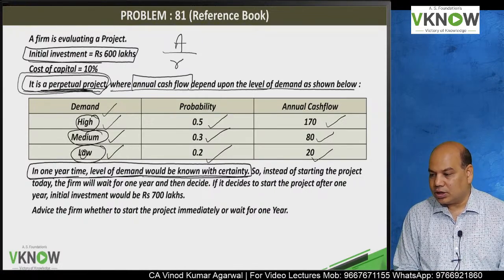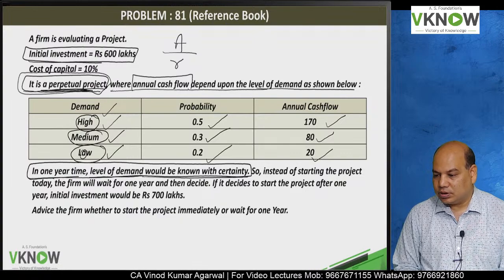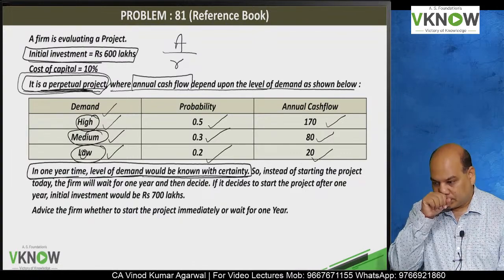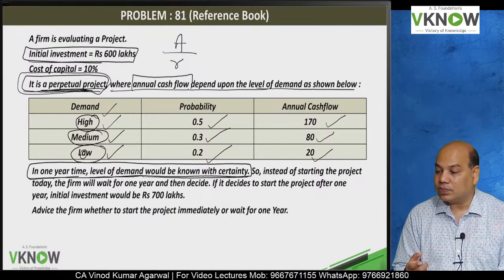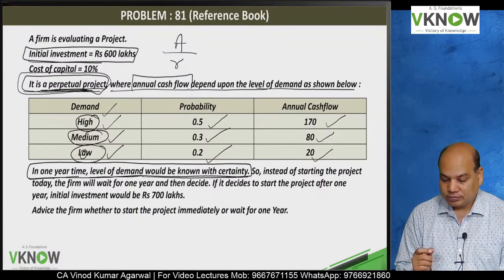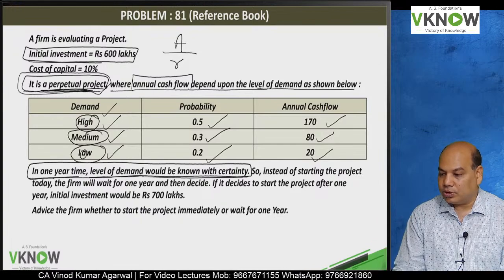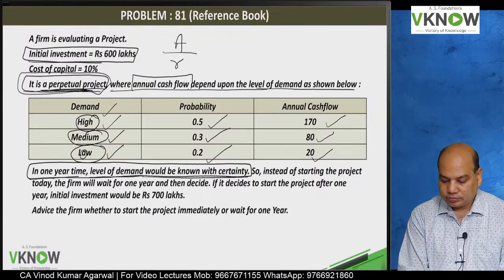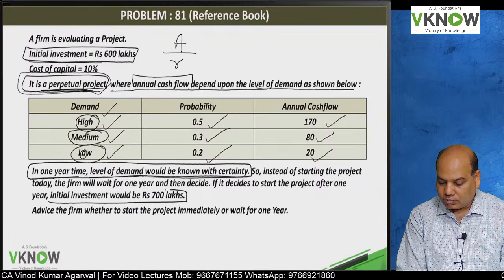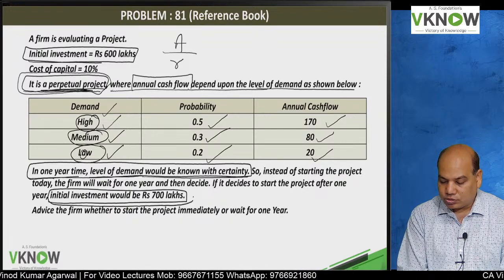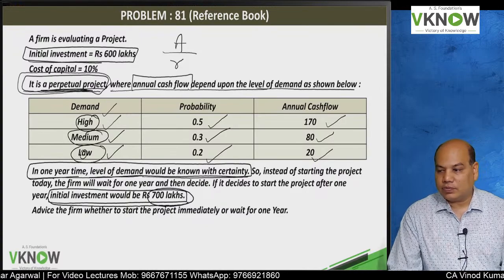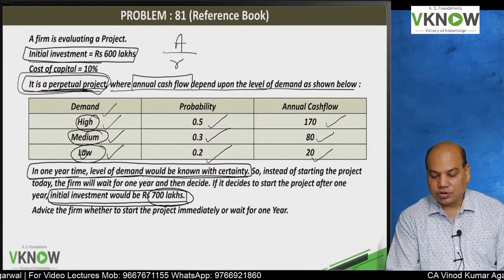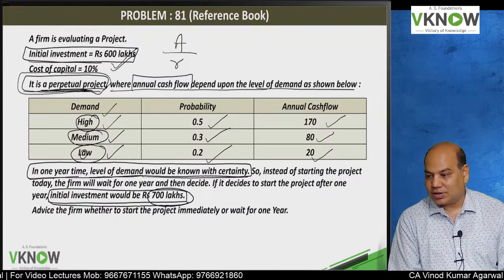So instead of starting the project today, the firm will wait for 1 year and then decide. If it decides to start the project after 1 year, initial investment would be rupees 700 lakhs. If you start today, it will be 600 lakhs.